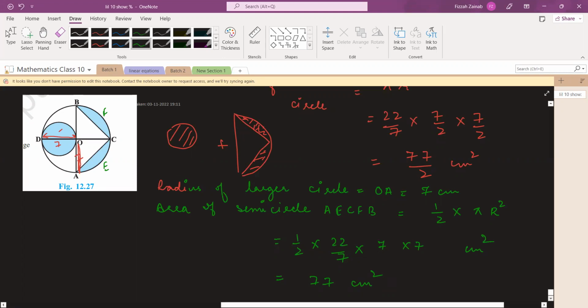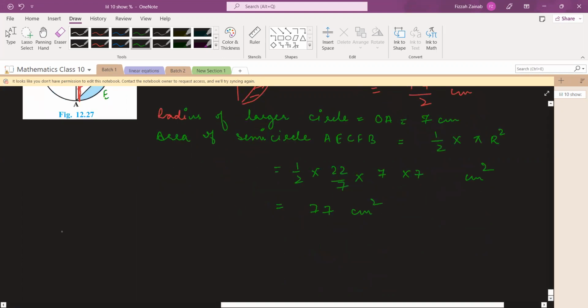Okay, ma'am. Now I want to know the area of the triangle. So this is also simple now. See, this is your triangle. This is A, this is B, and this side is C, right? And this is your O. So what do you know about this triangle? Half base into height, correct?